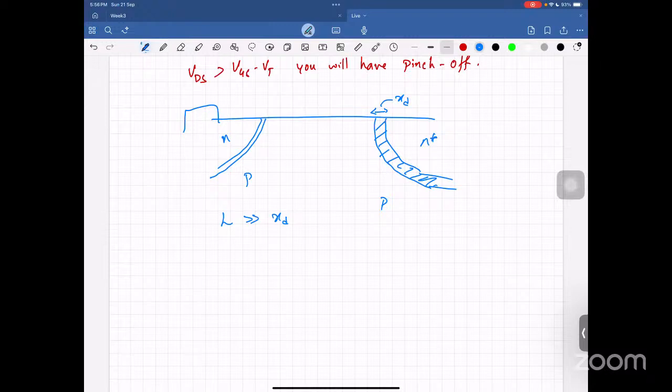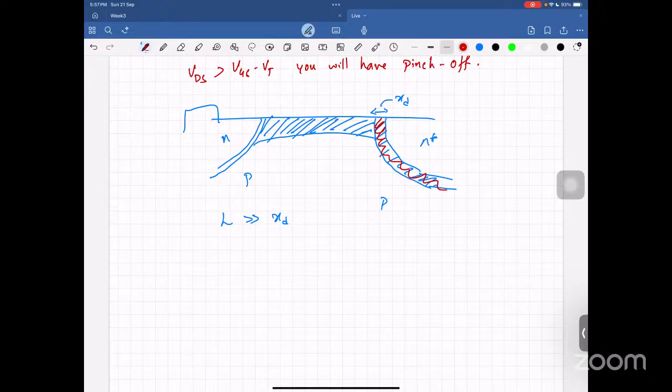The gate is anyway causing the depletion here first, all of this is getting depleted because of the gate. This small region here at the edge is because of the drain. When the length is larger than XD, nothing much happens.